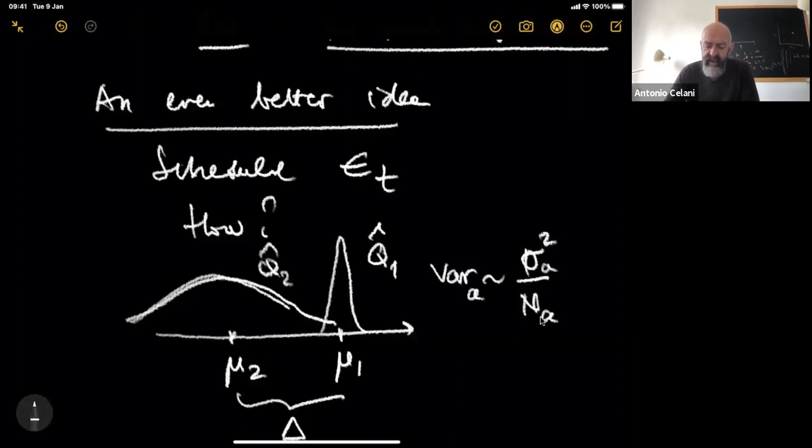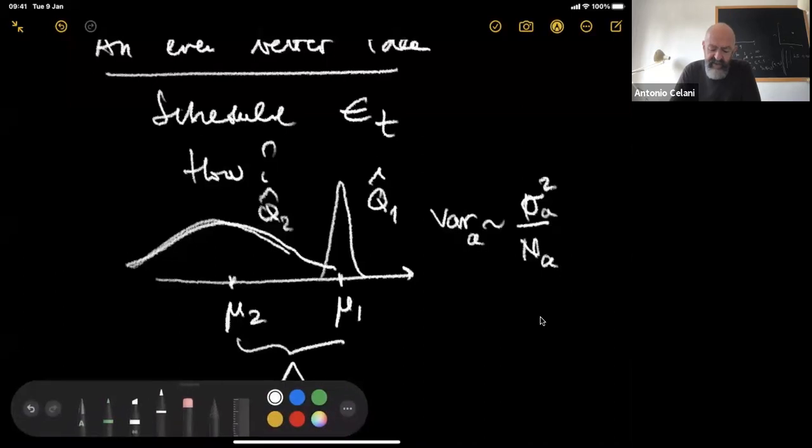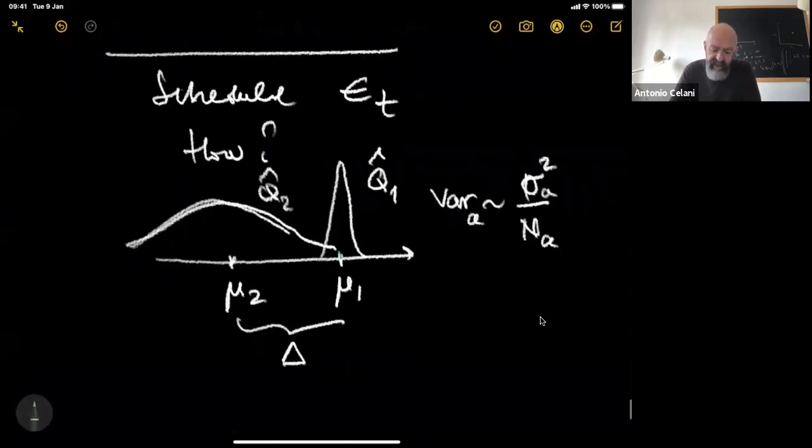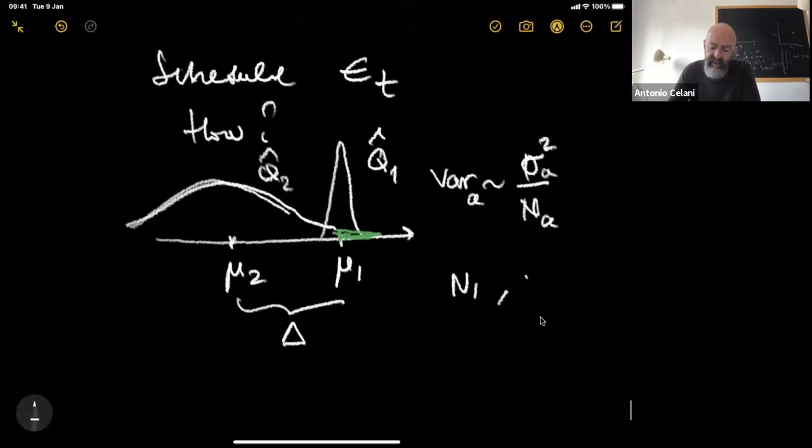So the dangerous events are the events that are here in the tail of this distribution for Q2. Those are the times where, after this number of times that you have visited, say N1, N2, the number of visits to arm 1 and 2, or the number of times that you've chosen them.